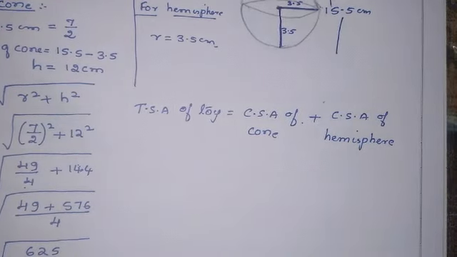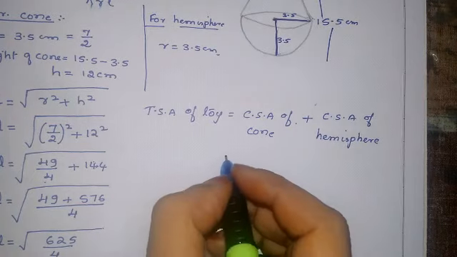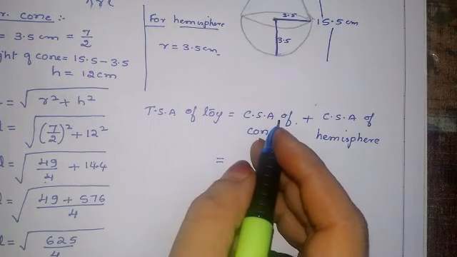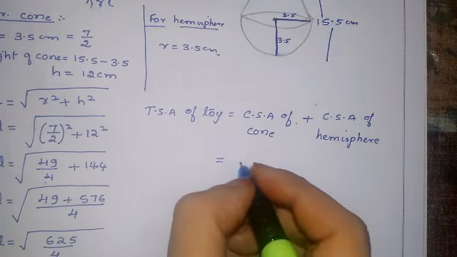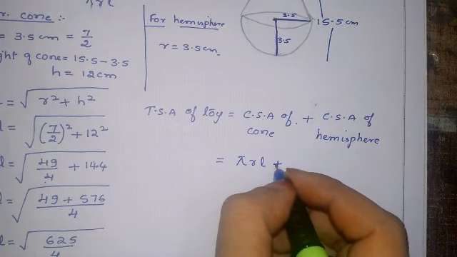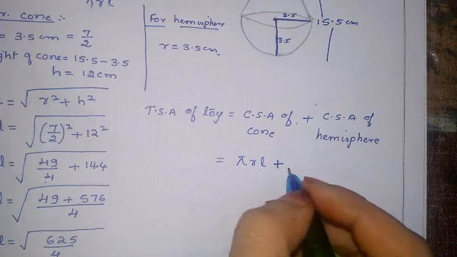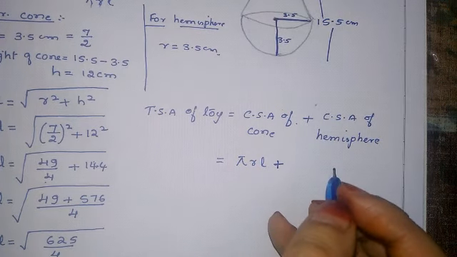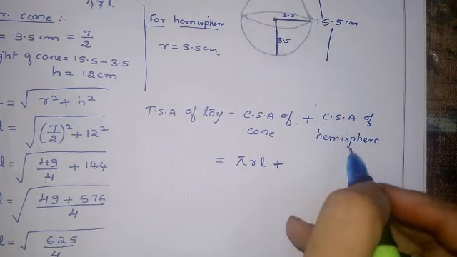These two we have to add. We know that the CSA of cone formula is pi r L. Repeatedly I am saying formulas should be learned by heart, or else it will not be possible to solve this problem. The CSA of hemisphere is 2 pi r square.